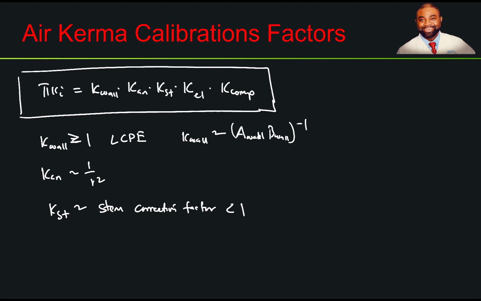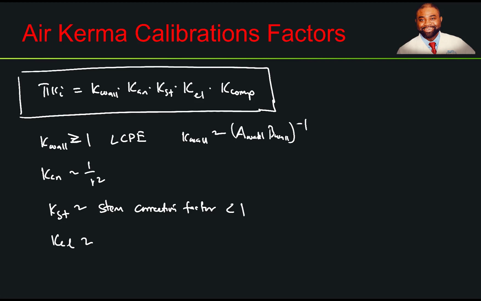And K-elect is really the electrode correction factor, and usually it is a correction factor that accounts for an electrode which is made of a material different from the wall of the chamber.